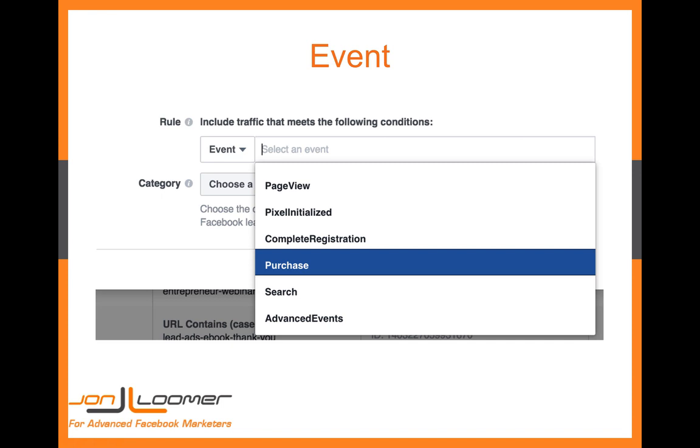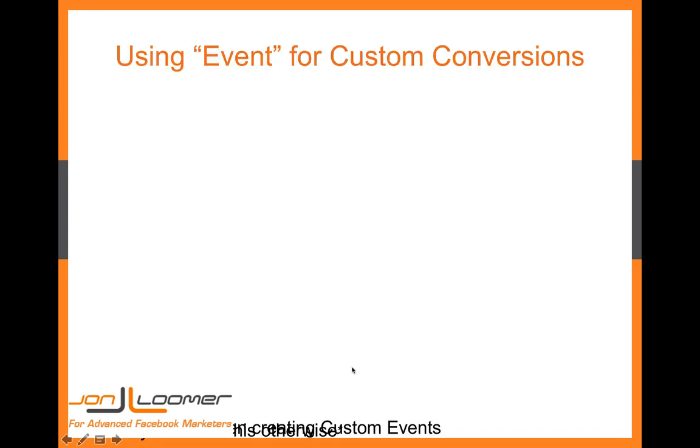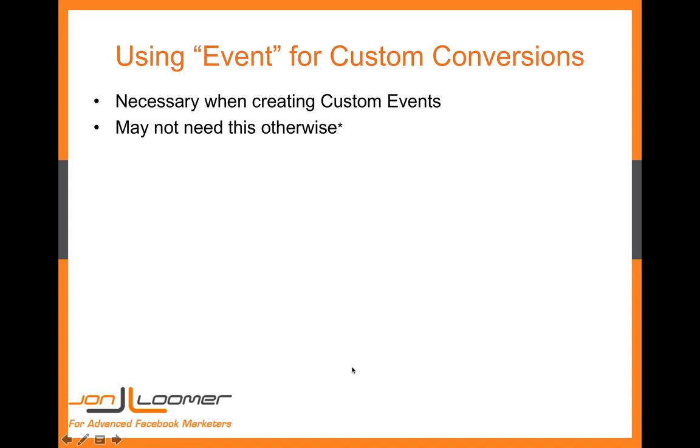The primary reason you have this is if you create a custom event, that you will also need to create a custom conversion for it. Okay, and we'll get to custom events later, but I think that's going to be a pretty rare case. So using event for custom conversions, again, it's necessary when creating custom events, and you may not need that otherwise.